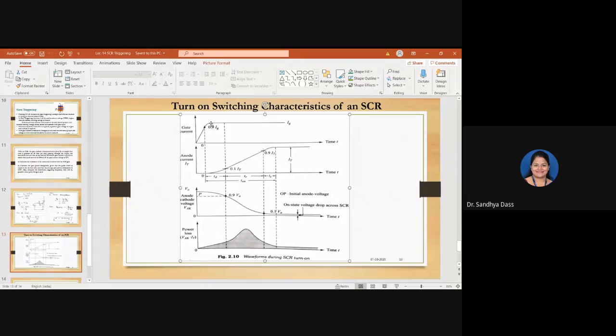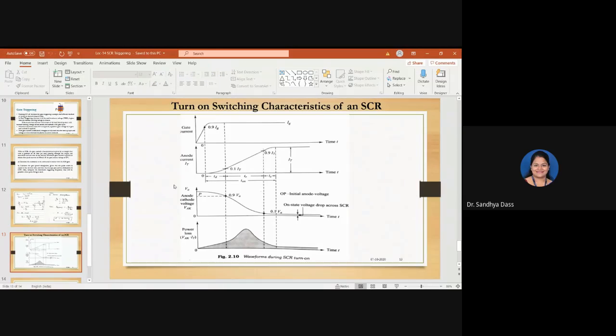So say this is my gate current, IG. That is already applied. Now how the SCR behaves in its turn on condition to this gate current is what we are discussing. That is nothing but turn on switching characteristics.